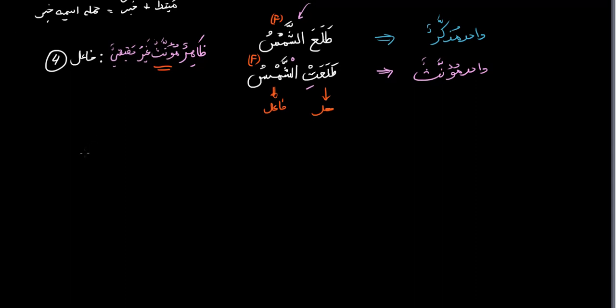Okay, number 5 category. Okay, zahir jam'u mukassar. Okay, so this is zahir. I don't know how to write this zahir really well. So Dha. There we go. Zahirun. Okay, jam'u mukassar.